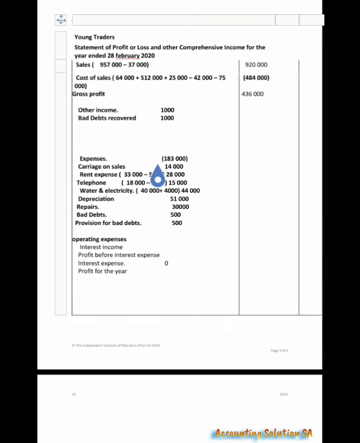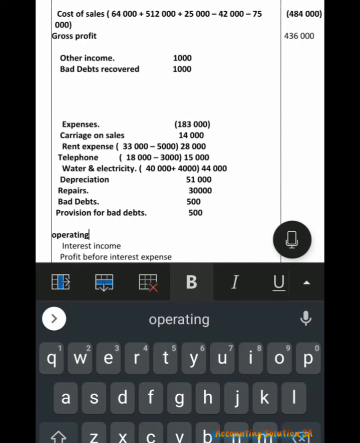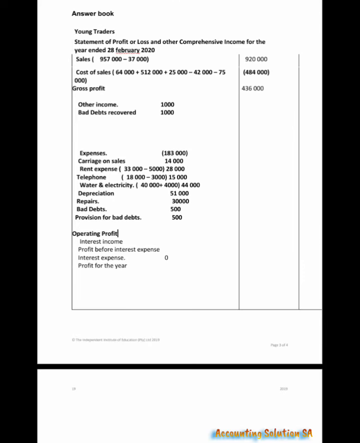Now we have to calculate our operating profit. The formula to get operating profit, we say gross profit plus other income, which means that it's 436,000 plus 1,000.